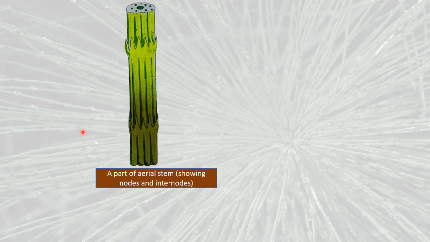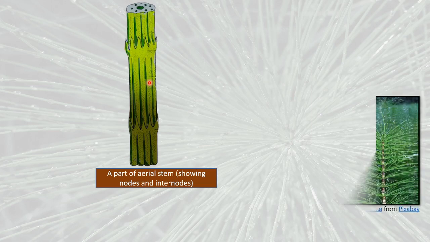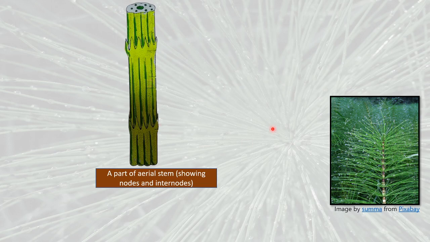But now we need to understand the structure of nodes and internodes, right? As I told, the stem as well as the rhizome has nodes and internodes. So this is an Equisetum plant. As you can see, these structures are the lateral branches. The leaves are present here at the node.